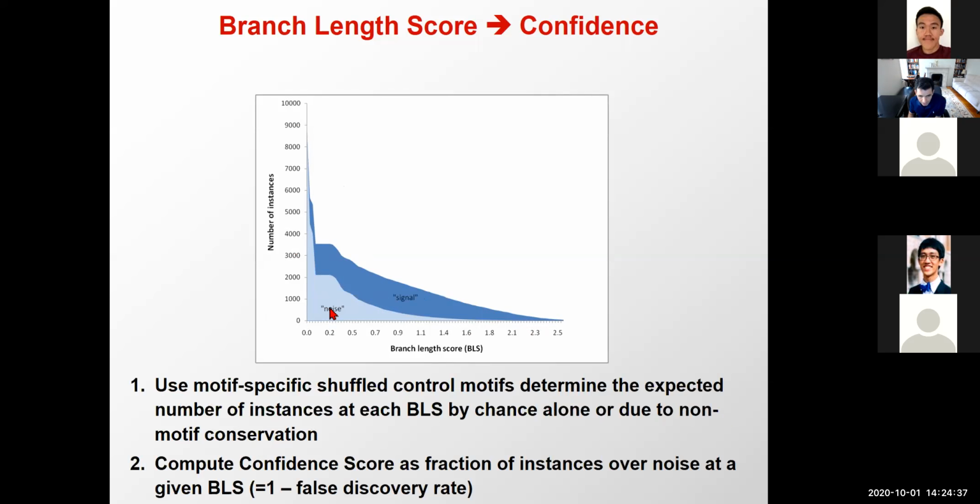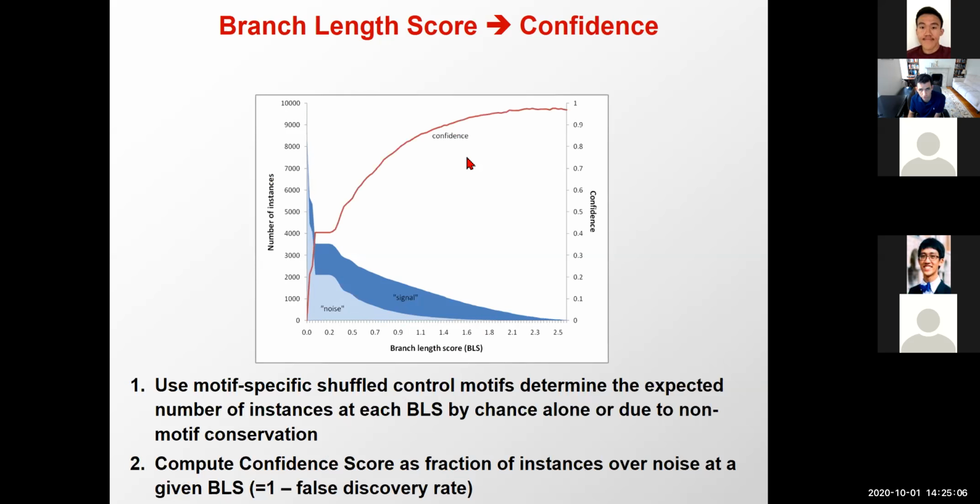Basically, our actual motif, CTCF, occurs at this level, but the shuffled CTCF occurs at lower levels of branch length score. So what we can do now is compute a confidence score as a fraction of the instances over the noise at a given branch length score, giving us 1 minus a false discovery rate.